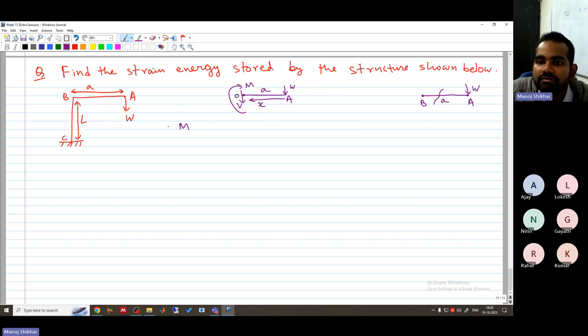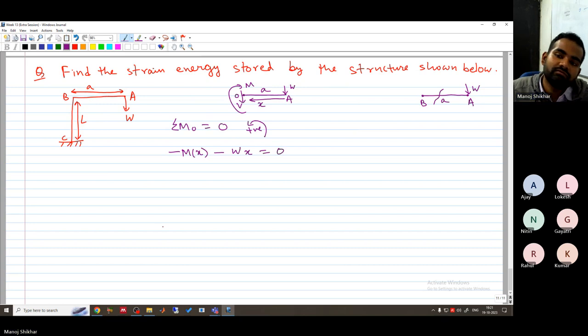Suppose this point is O, so summation of M about O will be 0, implies minus Mx, and I'm assuming counterclockwise to be positive, so minus Mx minus W into x equal to 0. So from here I get Mx equal to minus Wx.